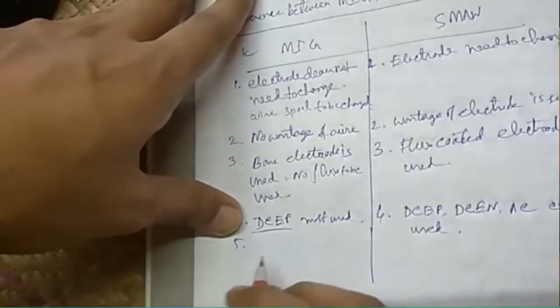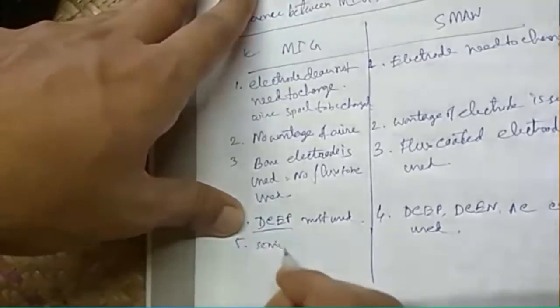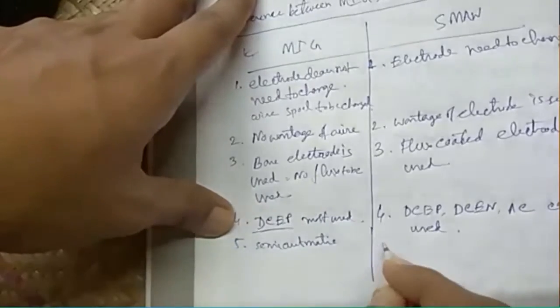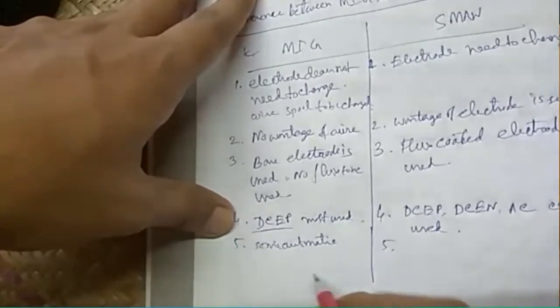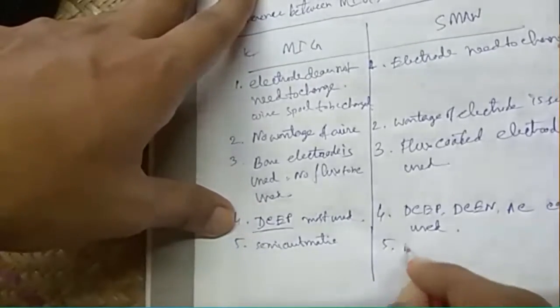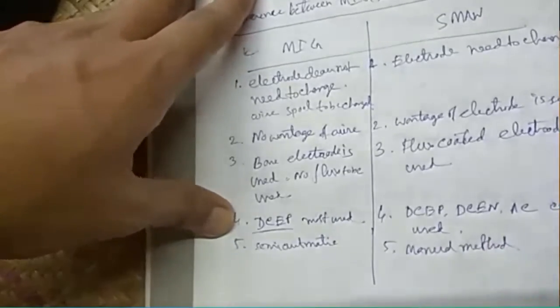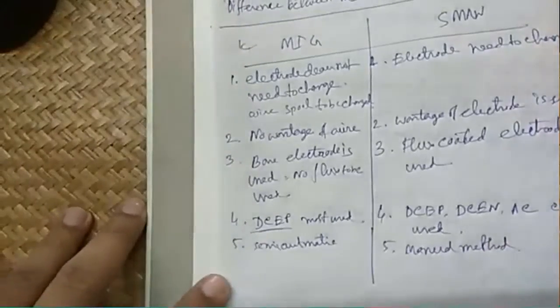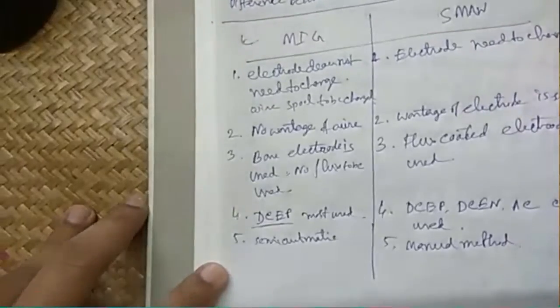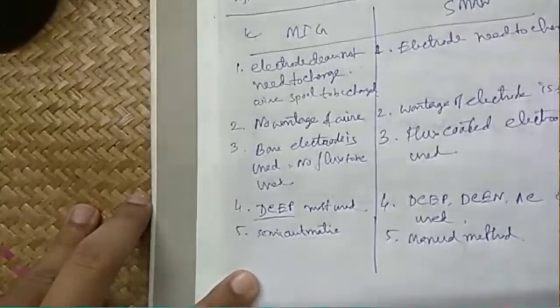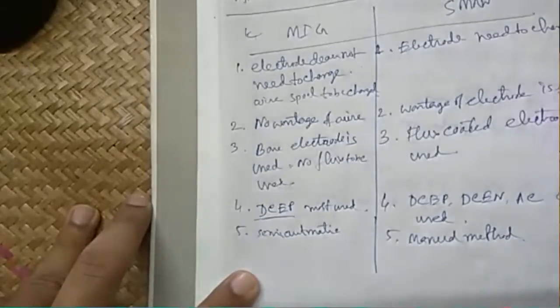Number 5, this is semi-automatic or automatic. Automation can be done in MIG, and SMAW is a manual method. These are very important questions. Any questions till this point?